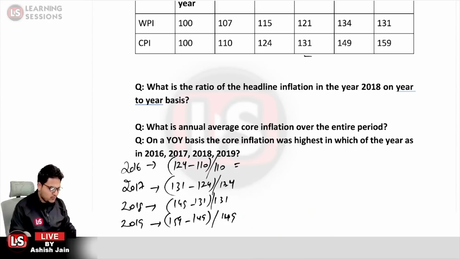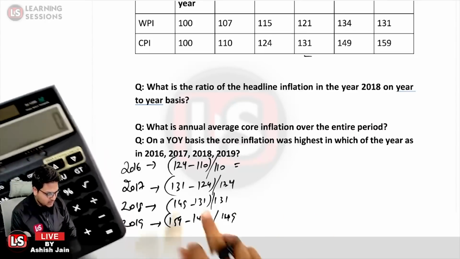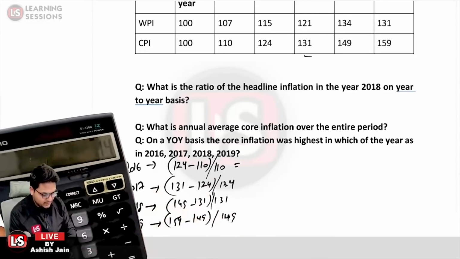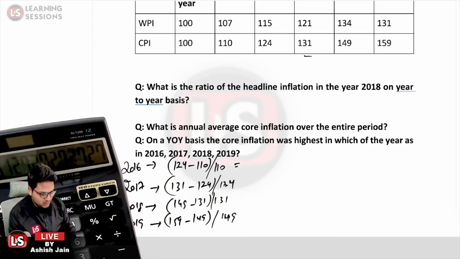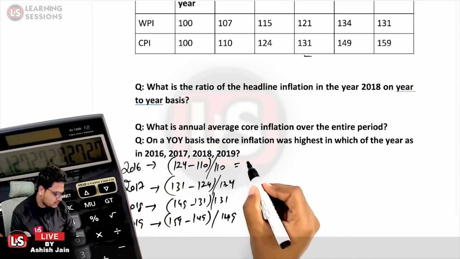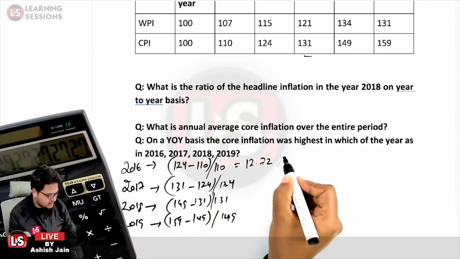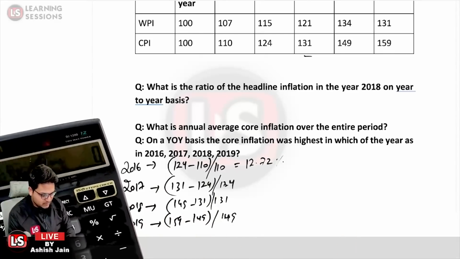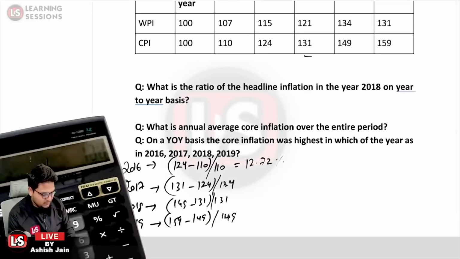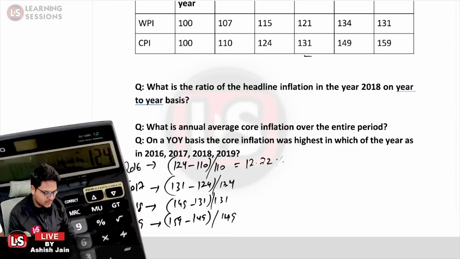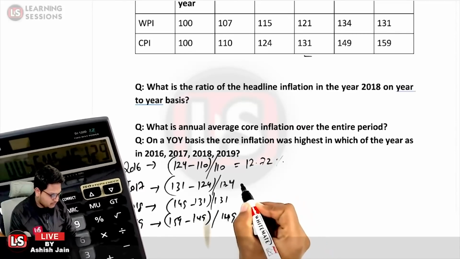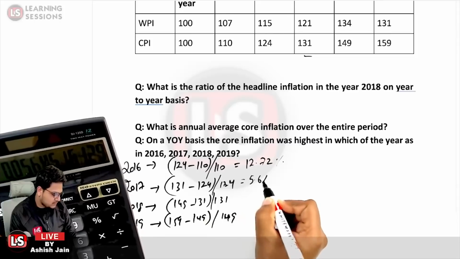So that will be equal to 14 divided by 110, that is equal to 12.72%. Further, in the second case it will be 131 minus 124 divided by 124, that is equal to 5.6%.